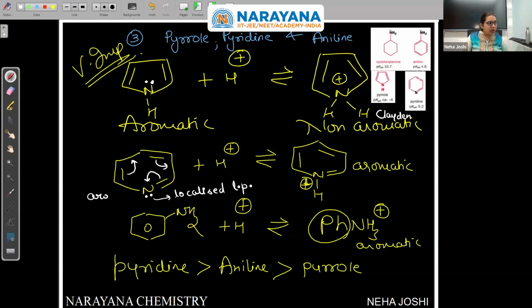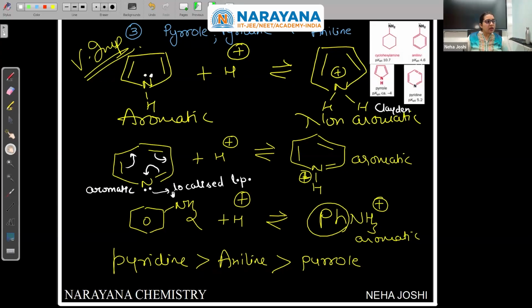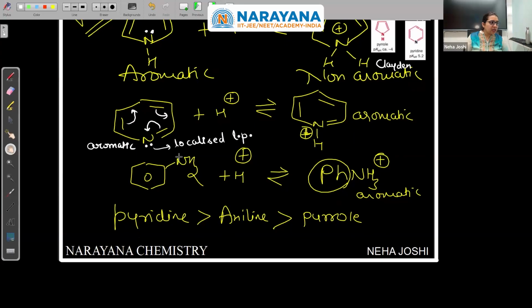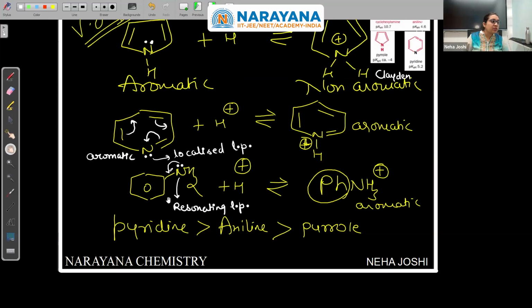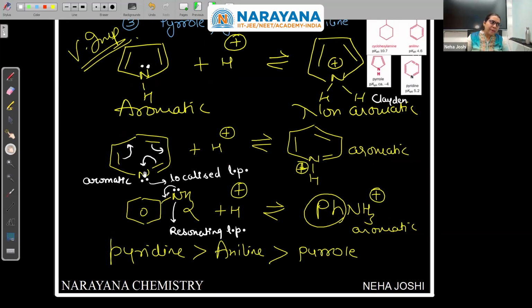So we are going from aromatic to aromatic. Absolutely okay. Coming to here, if I see, this lone pair is part of resonance. This is a resonating lone pair. It is not available at one spot. It was aromatic, it is aromatic, but the lone pair I need to donate is part of some resonance. Not as important a resonance as in pyrrole, but still it is part of resonance.